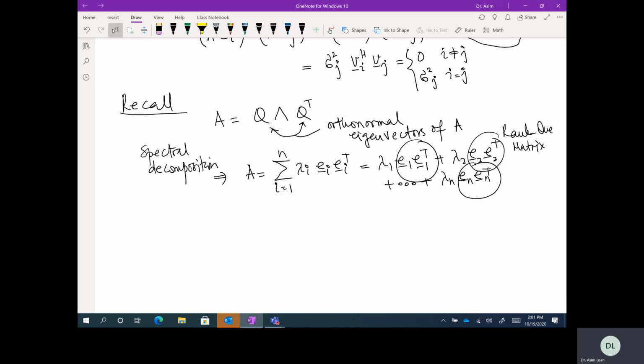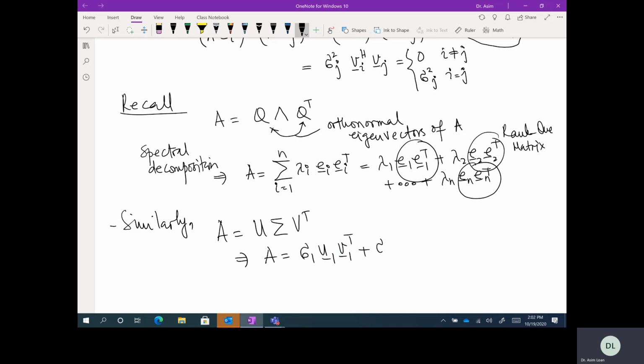We can do the same thing here. So similarly, when A is equal to U sigma V transpose, this implies A equals sigma 1 U1 V1 transpose plus sigma 2 U2 V2 transpose plus, obviously, up to sigma R UR VR transpose.